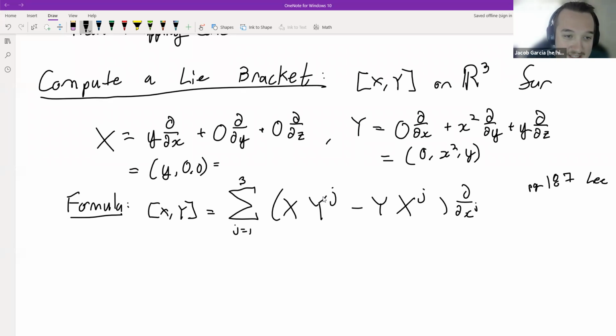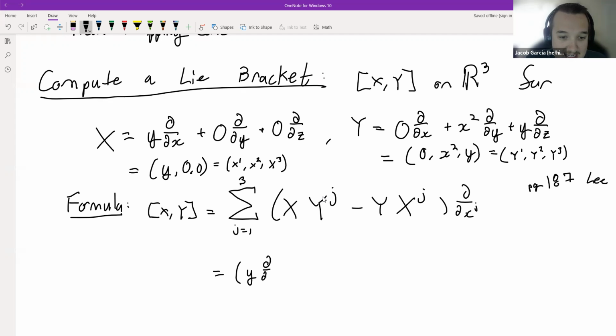Right. And so that means that this is the first component of x, this is the second component of x, and this is the third component of x. And this is because Lie likes to use superscripts for his components, again, because he likes Einstein convention. Okay. So that means that writing this out, I have x, which is just y dx, and I'm applying this differential operator to the first component of y, which is 0.